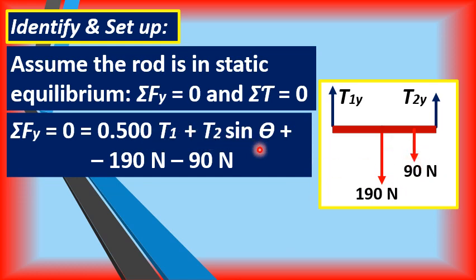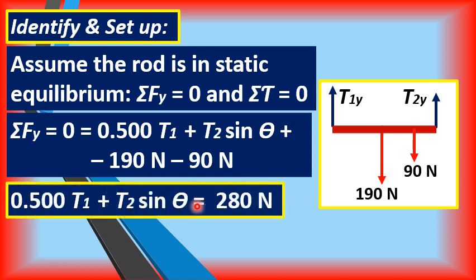So all these four forces, when added vectorially, their sum must be equal to 0. So when we simplify, we get this equation number 2, where the downward forces have been added, and that's equal to 280 newtons.